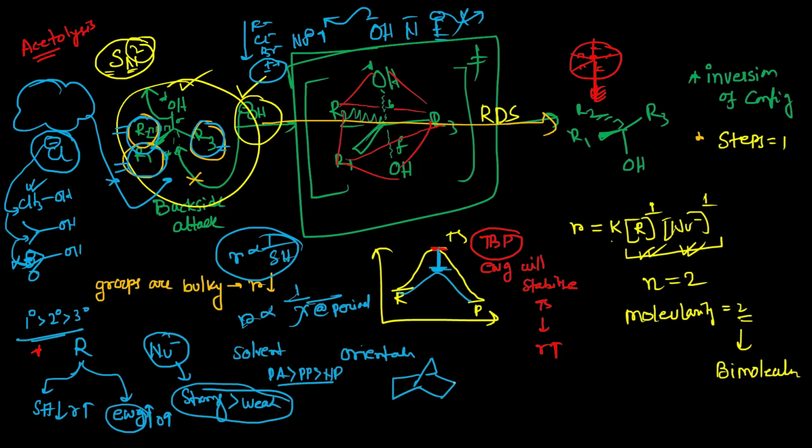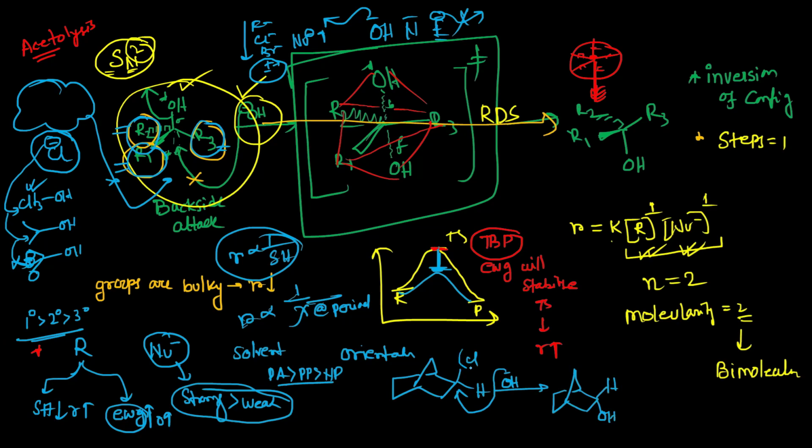For example, I have this Cl and this is our H. If OH minus nucleophile attacks from the backside, then it will approach from here, from the backside only. So what happens? In the final product, H will be upper. So OH has approached from the lower side, then hydrogen will be at the upper side. Okay, so this is our final product.